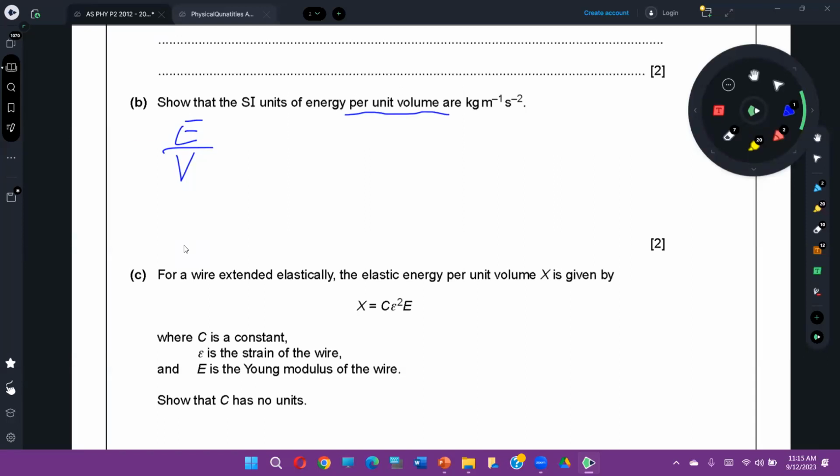He says energy per unit volume. Okay, now the unit of energy is joule and the unit of volume is... What is joule in further translation? Is it right that joule is Newton meter?